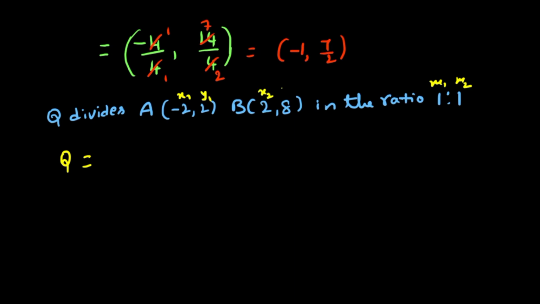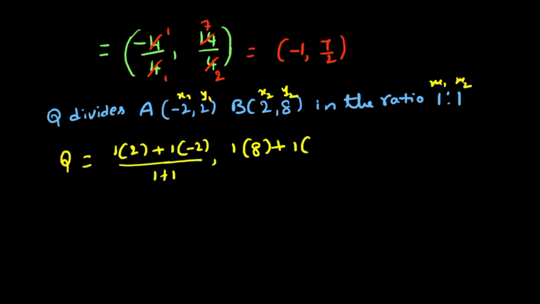So m1 is 1 into x2 is 2 plus m2 is 1 into x1 is minus 2, by 1 plus 1. And m1 is 1 into y2 is 8 plus m2 is 1 into y1 is 2, by m1 plus m2.